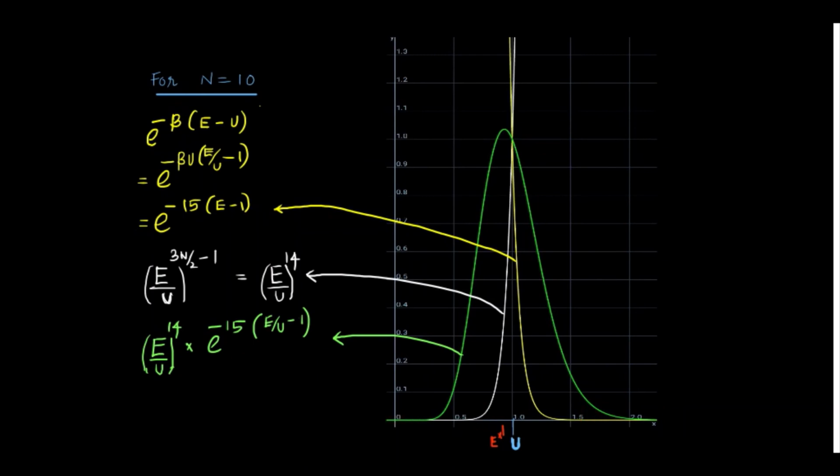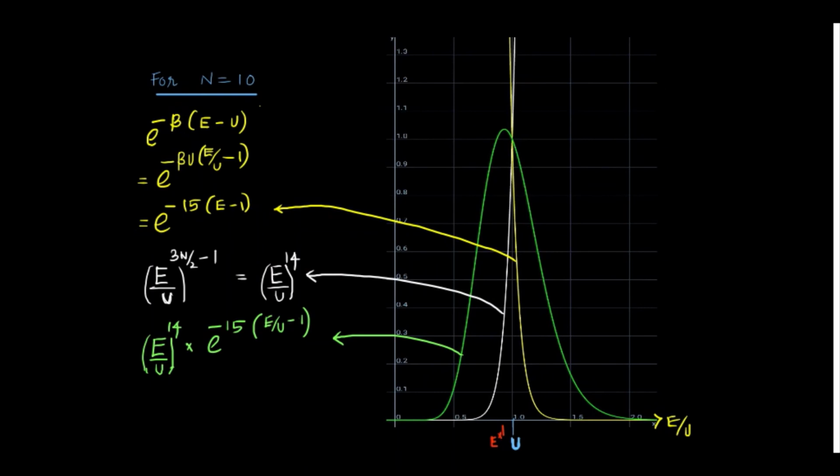Okay. This is the graph. On the x-axis, I will denote it as e by u. Then this yellow curve is the Boltzmann factor. This white curve is the density of states.